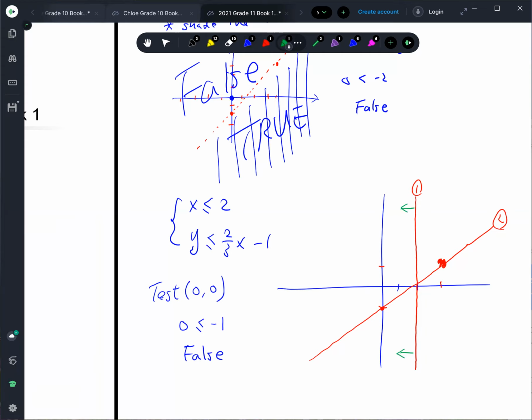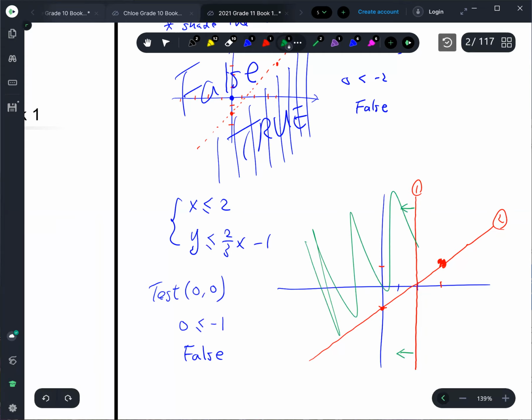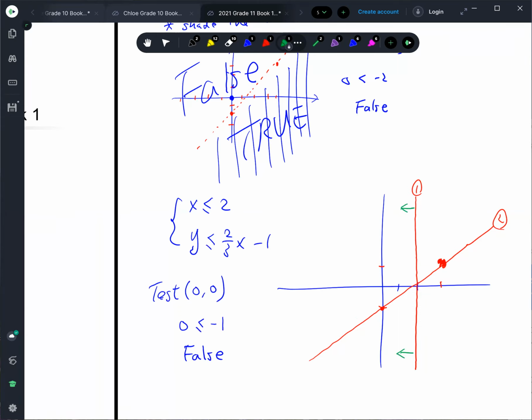Do we go up here or down here? Just focus on the second line, don't worry about the first line. If there's only one line, do you shade the top half or the bottom half? You shade the bottom half.